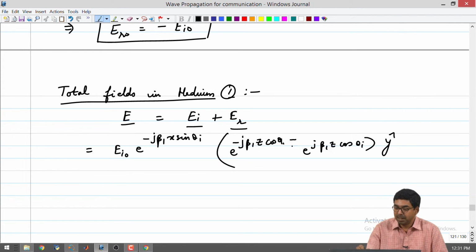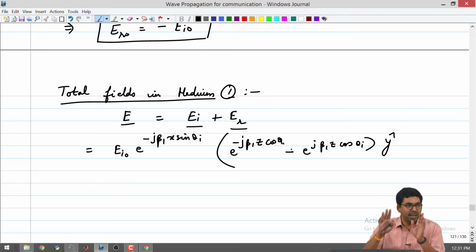The minus sign is simply coming because ER is negative of EI. It looks like e to the minus j beta 1 z cos theta I, and again that minus sign will cause confusion, so I will put it here. So, it is e to the plus j beta 1 z cos theta I.